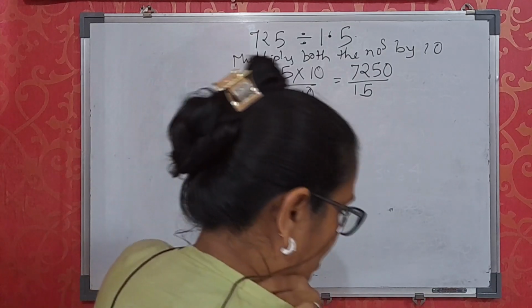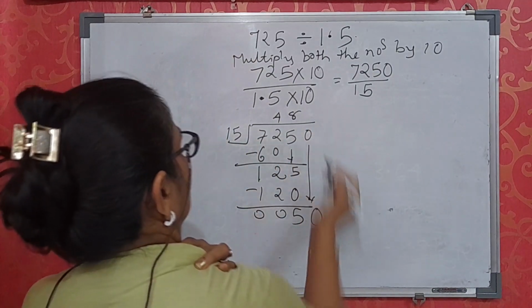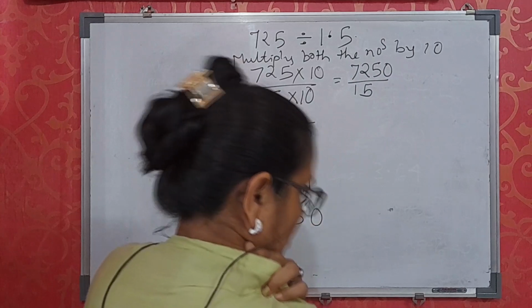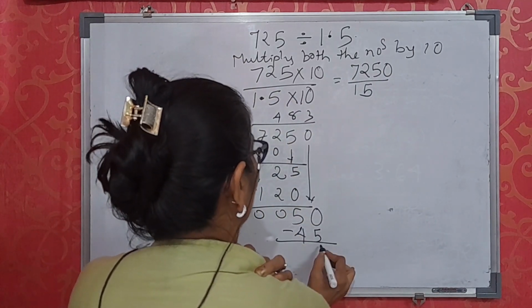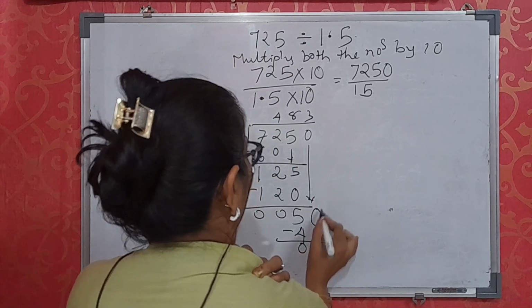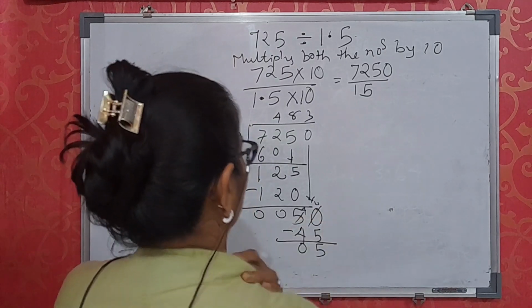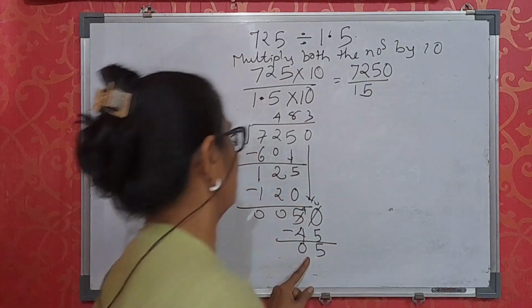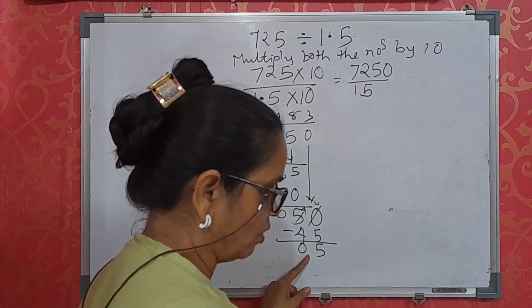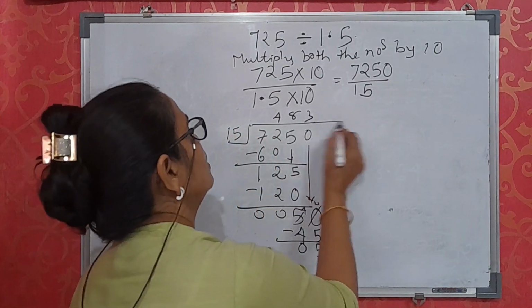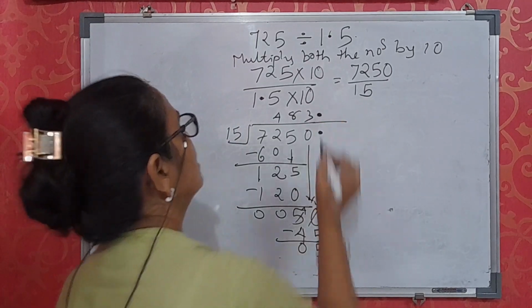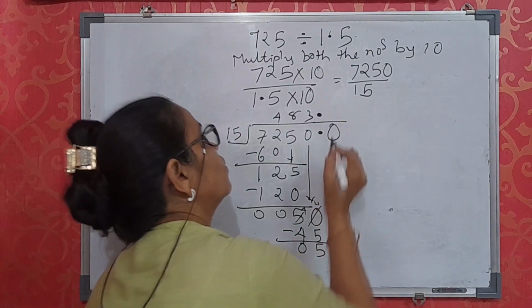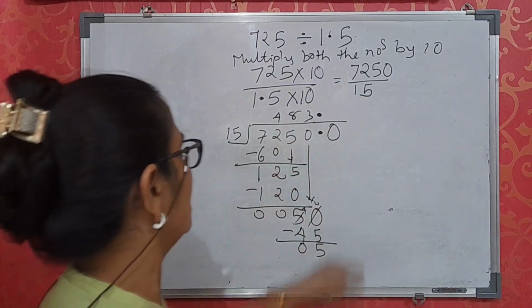In the 15 table 50 also doesn't come. So what are we doing? 15 3s are 45. We want our remainder 0, right? But here remainder 5 is coming. So in that case, what will we do? We will put the decimal point again here and put extra 0s to make the decimal number.